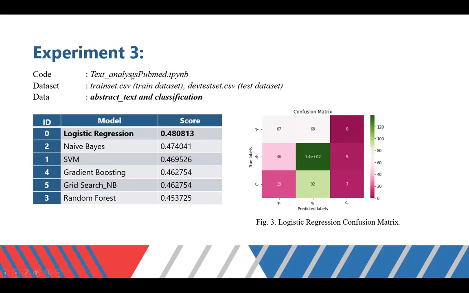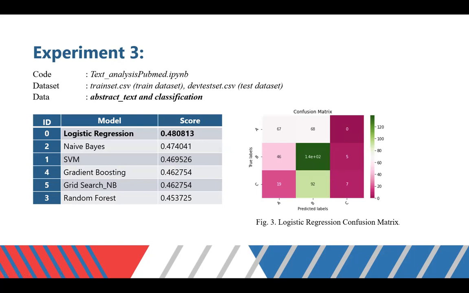In the next experiment, I divided the trainset and devtest set by myself, based on the dataset that you gave me last time. So I divided the trainset and then the devtest set.